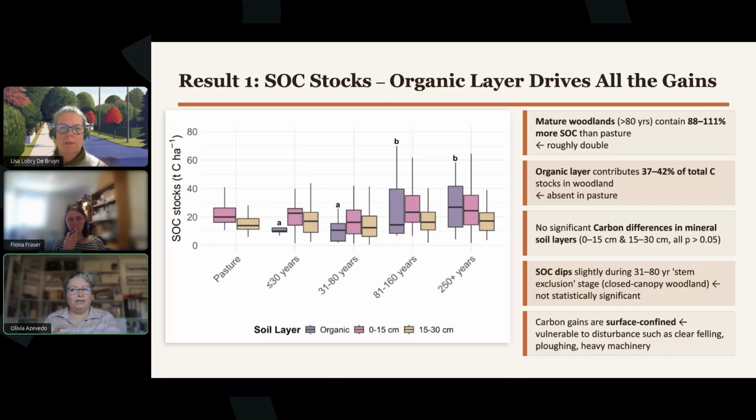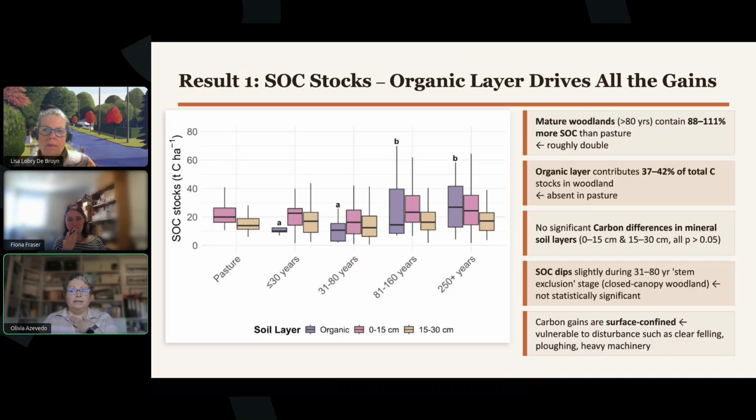When you break down by soil layer, you can see very clearly that essentially all the increase is happening in the organic surface layer, the purple boxes in the graph. The mineral soil layers are statistically identical across all groups and between woodland and pasture.